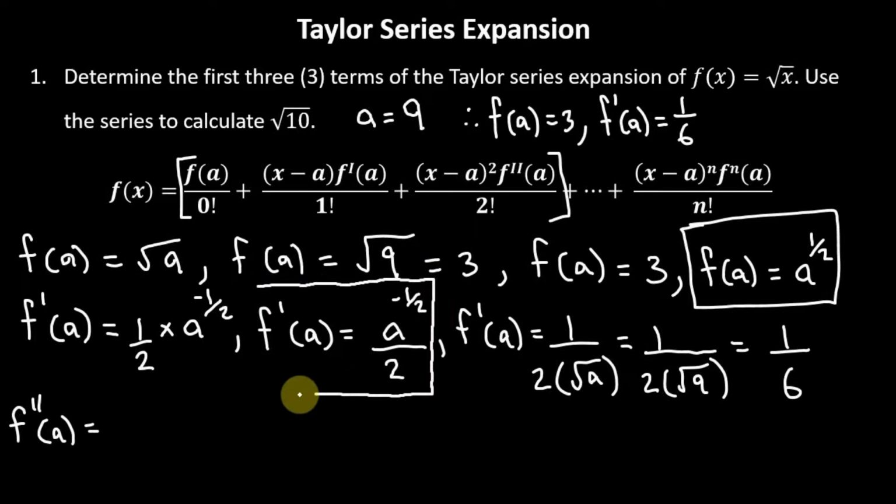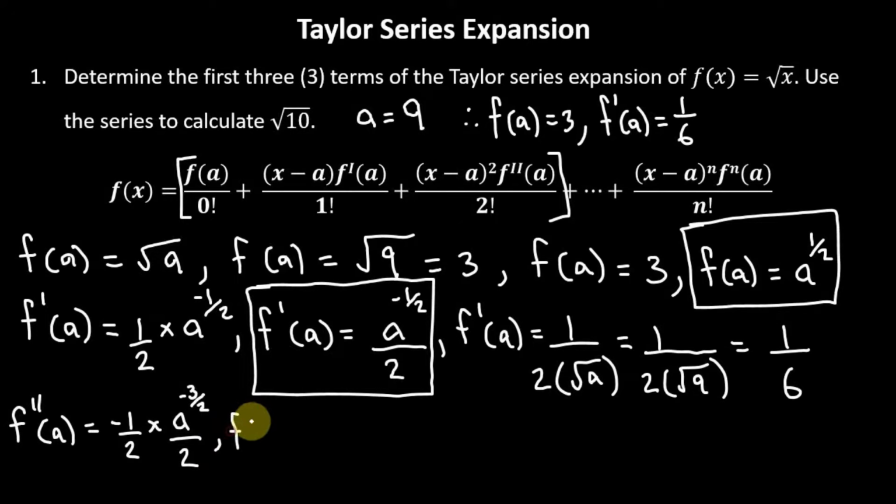We're going to multiply by the power, so we'll have negative 1 over 2 times a raised to the power of negative a half, over 2. Remember, guys, we're going to take 1 from the power. If we take 1 from the power, we'll have negative a half minus 1, which will give us negative 3 over 2. And of course, guys, we can clean this up a little bit.